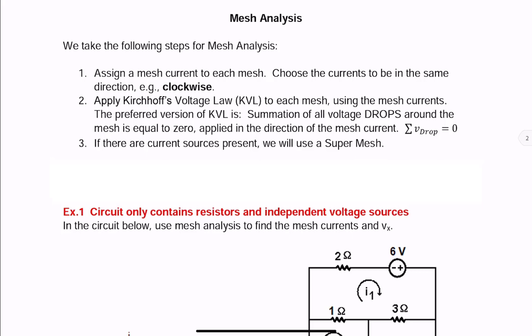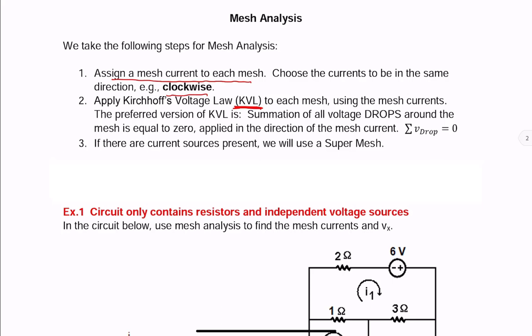To do a quick review, in mesh analysis, we assign mesh currents to each mesh going in the same direction, usually clockwise. Then we apply Kirchhoff's voltage law to each mesh using the mesh currents.